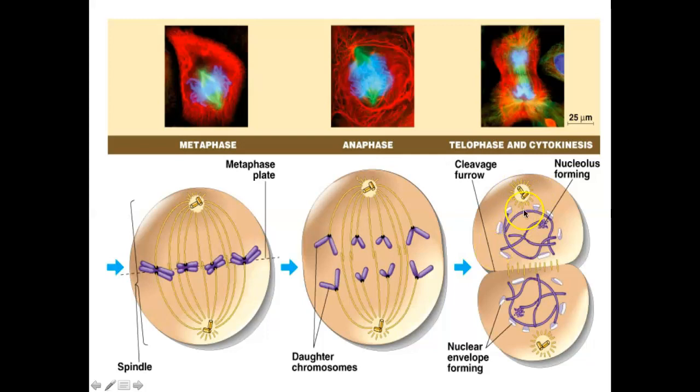Meanwhile, the cytoplasm of the cell is going to start to divide. So in an animal cell with no cell wall, the membrane will start to pinch in, right, and form that cleavage furrow, and then continue pinching and pinching until the two cells completely separate. And then we have two identical cells, or two clones.